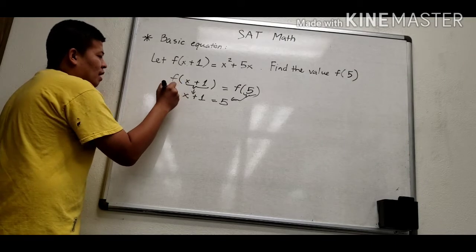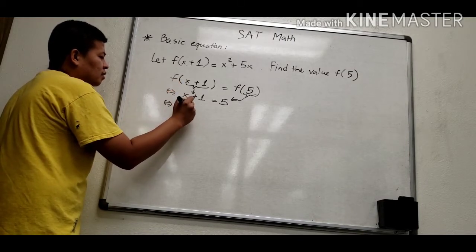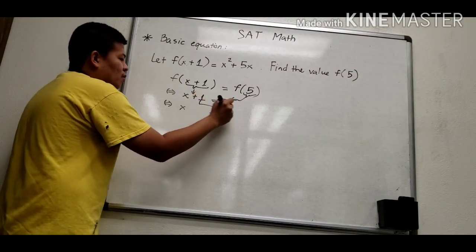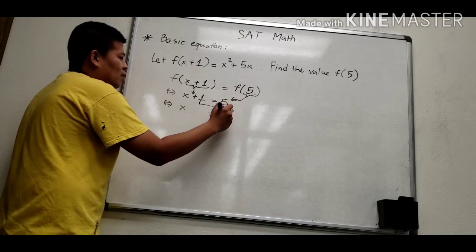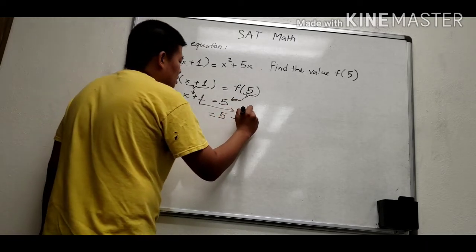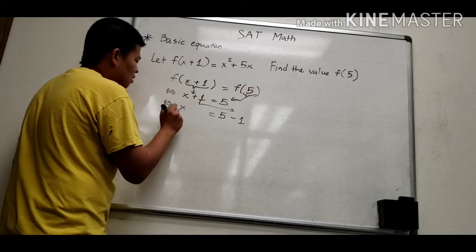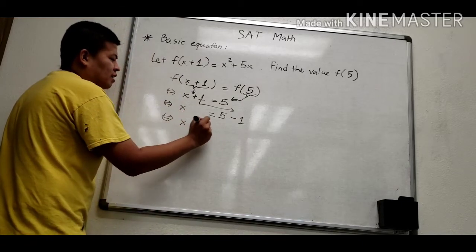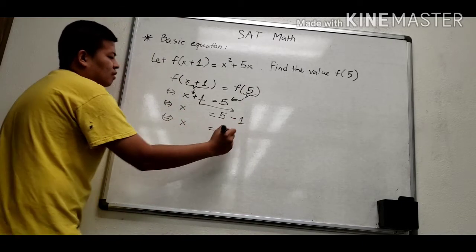And then we do the equation. We move number 1 to the right, so we have 5 minus 1, and we have s equal to 4.